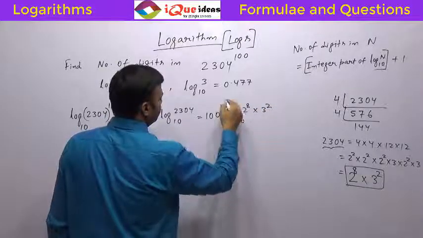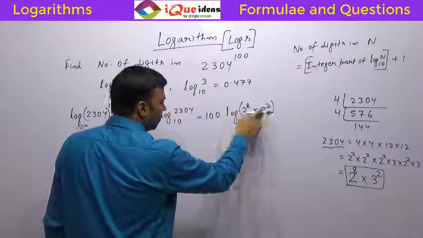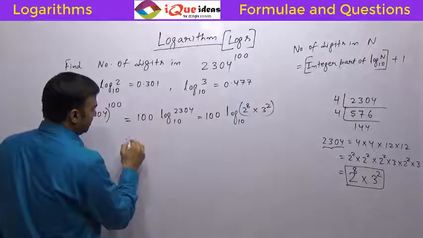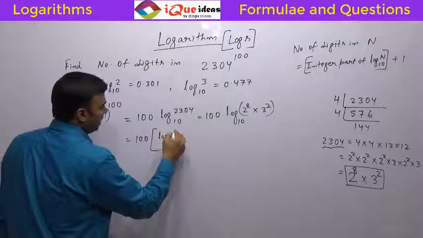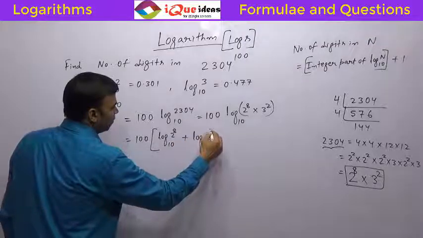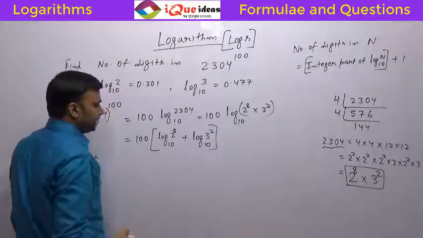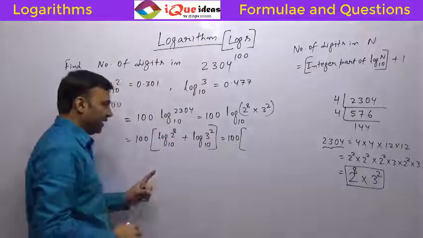to the base 10. Alright. Now, in the log, when you have multiplication, the logs get added. So we have 100 times log 2 to the power 8 to the base 10 plus log 3 to the power 2 to the base 10. Then we have 100 times, be very careful in calculation here.